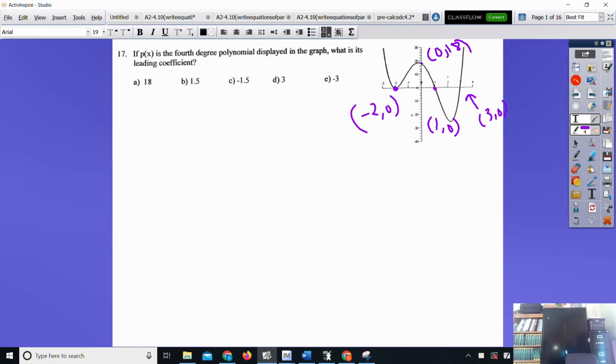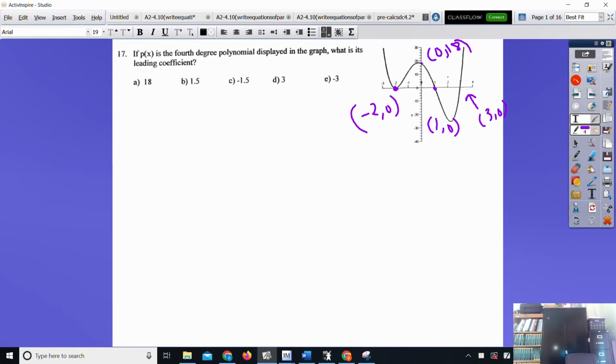Well, your job is to find the leading coefficient if this one was in standard form. Actually, not that hard to do. Write down your zeros as factors. If you have a zero of -2, what's the factor? How many times has it touched?